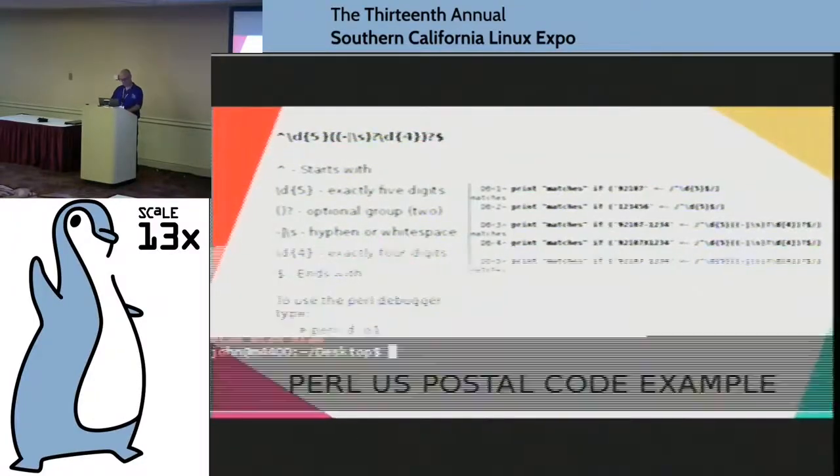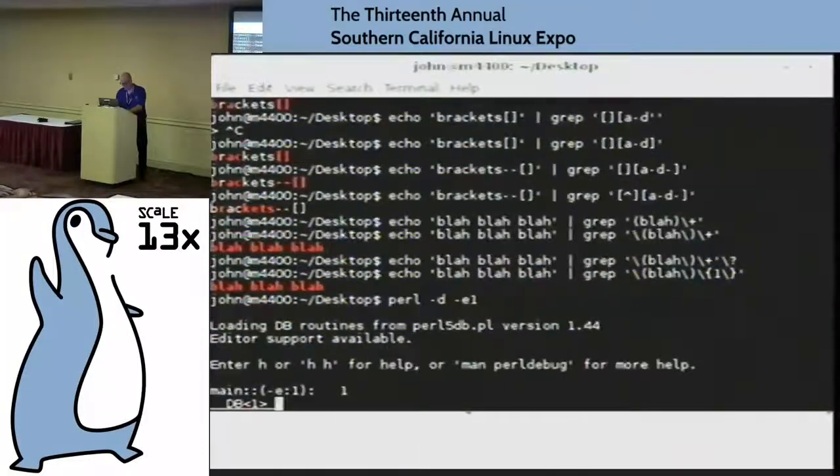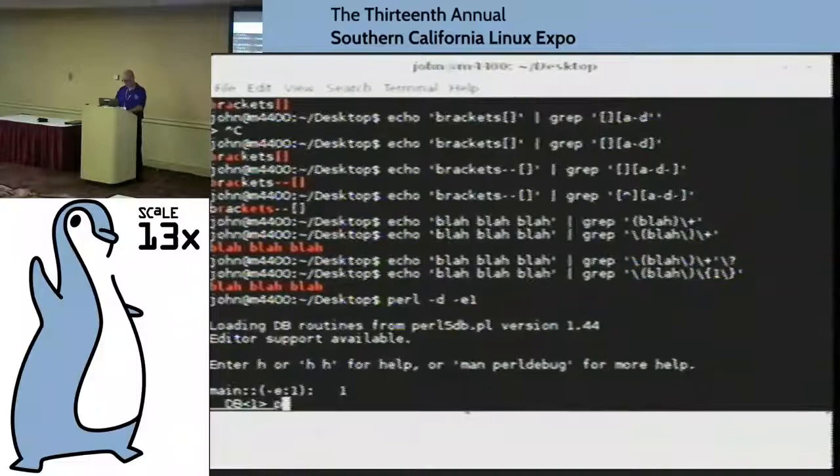So if I were to go over to his machine, do you think Perl's installed on this Linux box? Absolutely. You can't really get a Linux install without Perl on it. So perl -d -e, boom, I'm in.